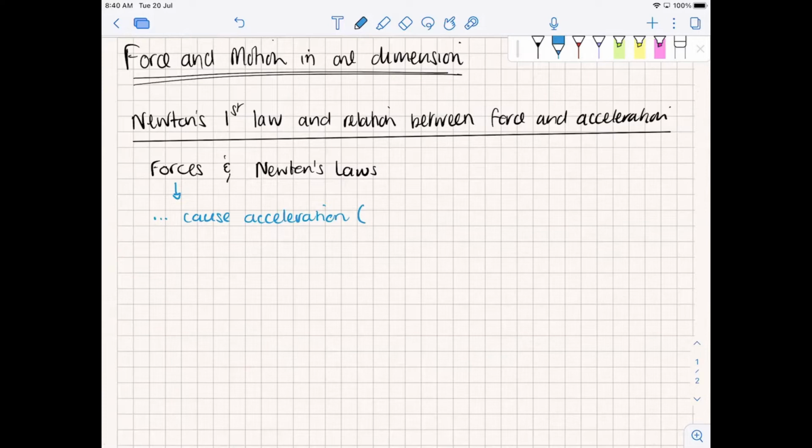We have a change in velocity. Okay, now that's quite an important observation, right? So if we had no change in velocity, do we have acceleration? No. Then we might have no velocity or constant velocity, okay?